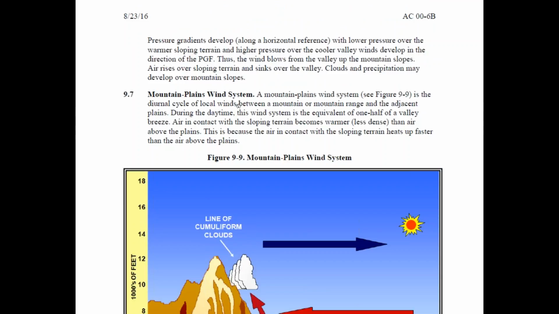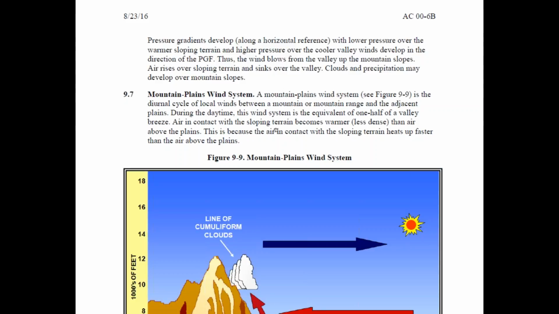Pressure gradients develop with lower pressure over the warmer sloping terrain and higher pressure over the cooler valley. Winds develop in the direction of the pressure gradient force. Thus, the winds blow from the valley up the mountain slopes. Air rises over the sloping terrain and sinks over the valley. Clouds and precipitation may develop over the mountain slopes.